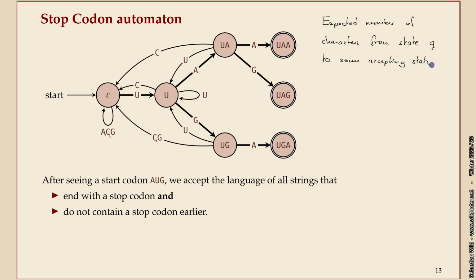It's one of these cases where it's easier to solve a more general problem. We're actually just interested in the number of steps from the start state to any of these accepting ones. We'll do it for all the states, because then you can relate them to each other. In particular, it returns the answer that we want for the state Q epsilon.